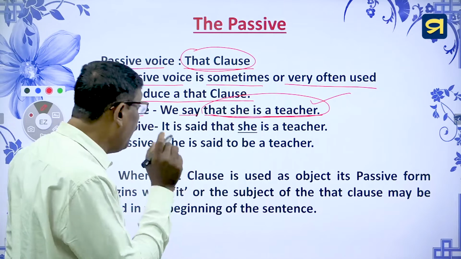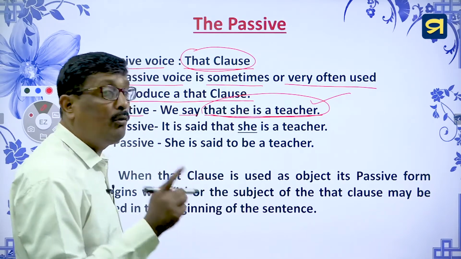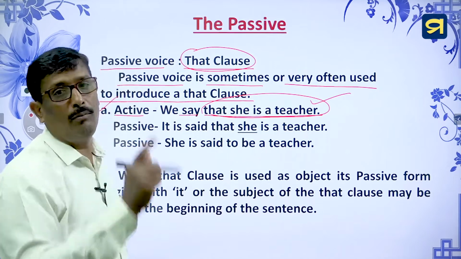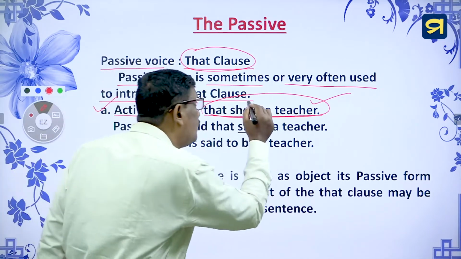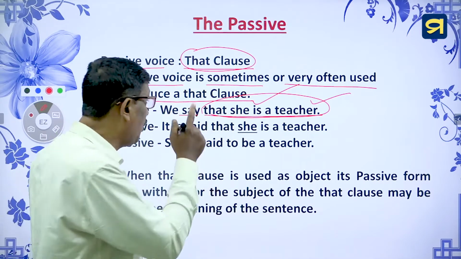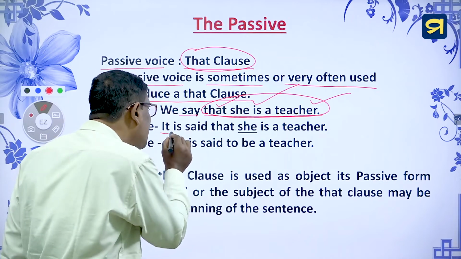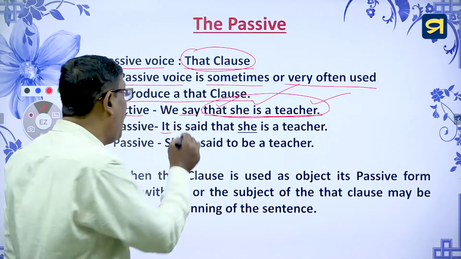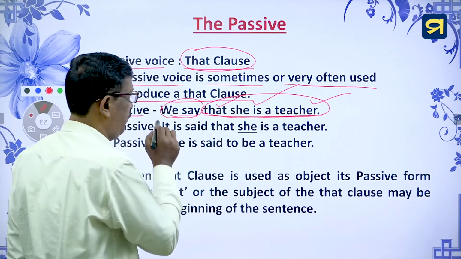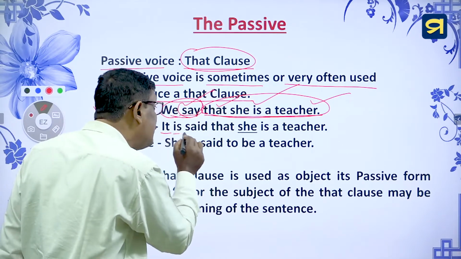When we change from active voice to passive voice, dear students, we have to use "it" in the beginning of the sentence, for the noun clause. When a noun clause is used as an object and begins with that, generally "it" is used in the beginning of the sentence, and according to the main verb, we have to change it.